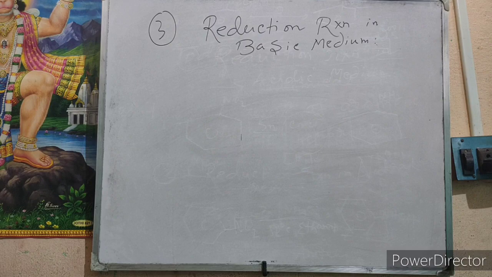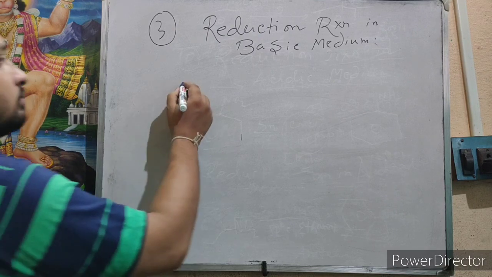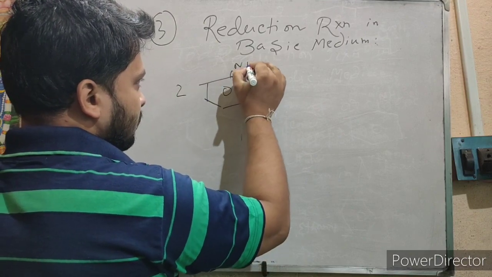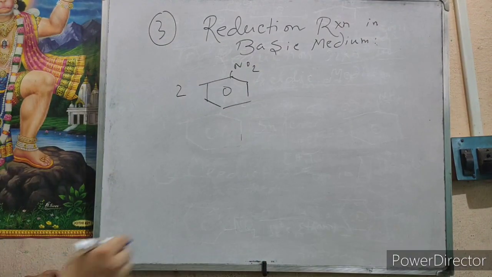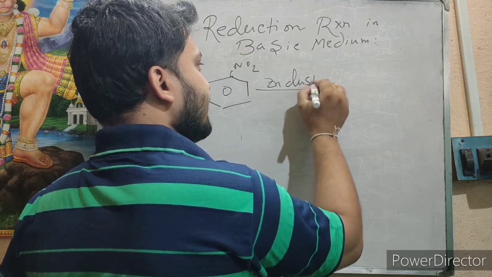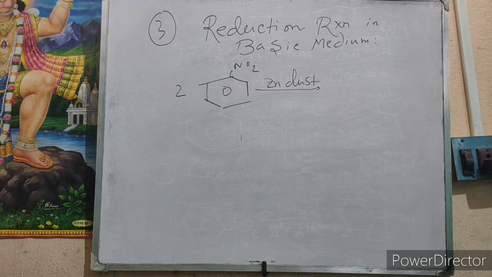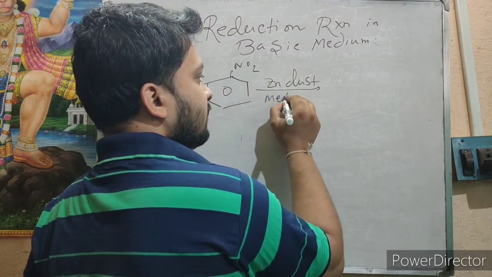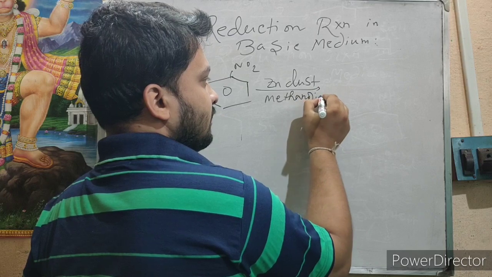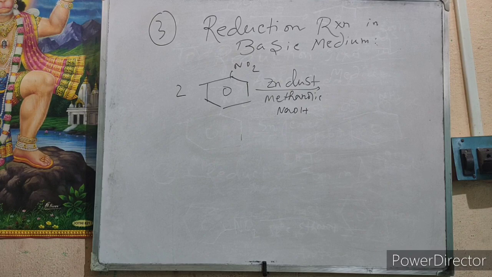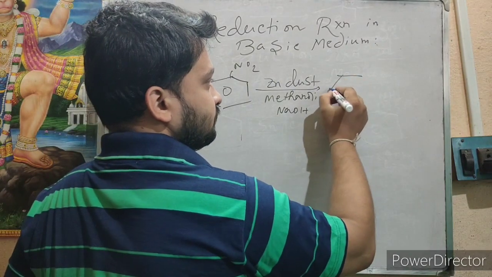So now, if you have nitrobenzene and you want to react with Zn dust and methanolic NaOH, what will be the product?